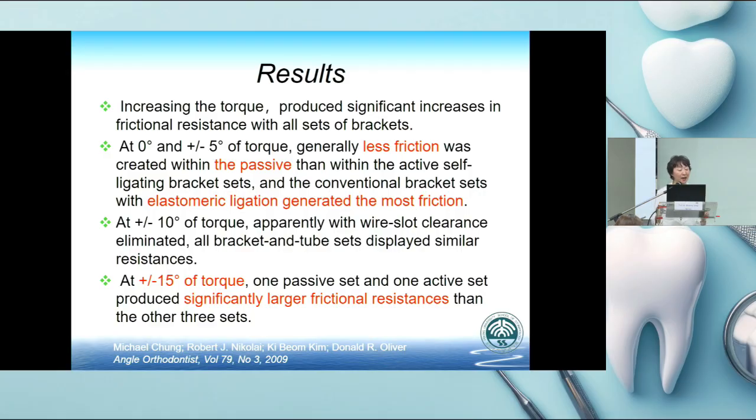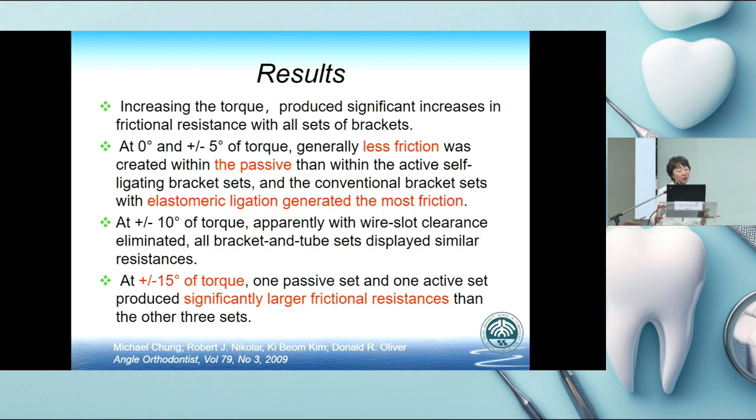But at 0 and plus or minus 5 degrees of torque, you generally get less friction within the passive than within the active self-ligating bracket sets. And the conventional bracket sets with elastomeric ligating generate the most friction. So conventional brackets generate the most friction.